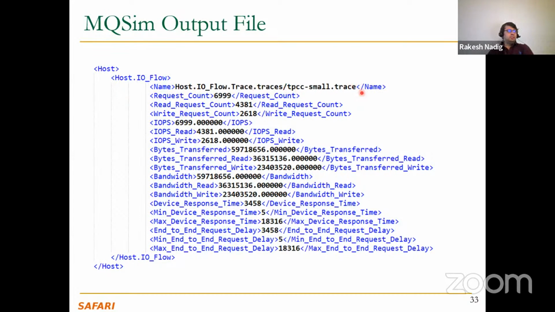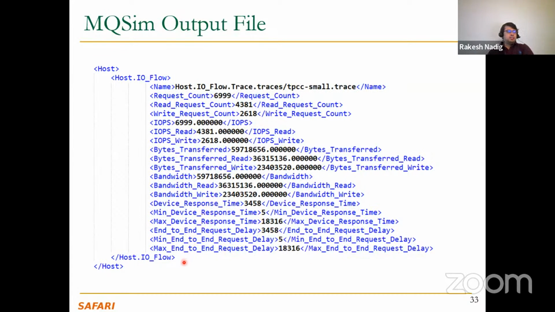So we see the trace file that was used for generating the workload, and we see how many requests were processed, and within those requests, how many of them were read and write, and so on. And we also look at the throughput in terms of IOPS, the read throughput and the write throughput, and how many bytes are transferred to the device from the requests, and how many of them are read and write, and the overall bandwidth of the device, and the response times.